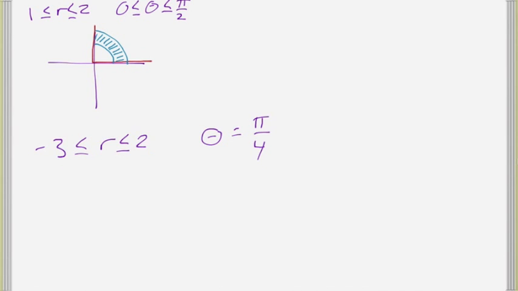On this one, if I have just one specific theta value, I'm now limited down to being just a part of that pi/4 line, or 45-degree line. And if I want to work with a radius of between negative 3 and 2, I would go backwards a distance of 3 units along that, and forward a distance of 2 units along that, so we get a line segment.